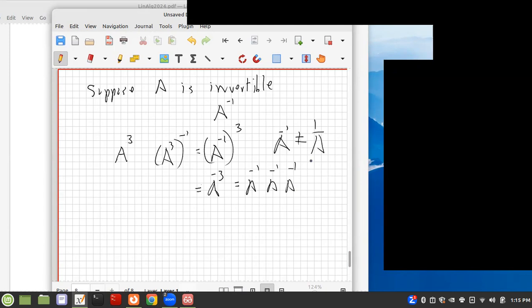So the original way to write it would be A inverse cubed instead of the inverse of A cubed. Yeah, the point is I don't have to multiply A together 3 times, then find its inverse. I could find the inverse of A, multiply that together 3 times and have the inverse.